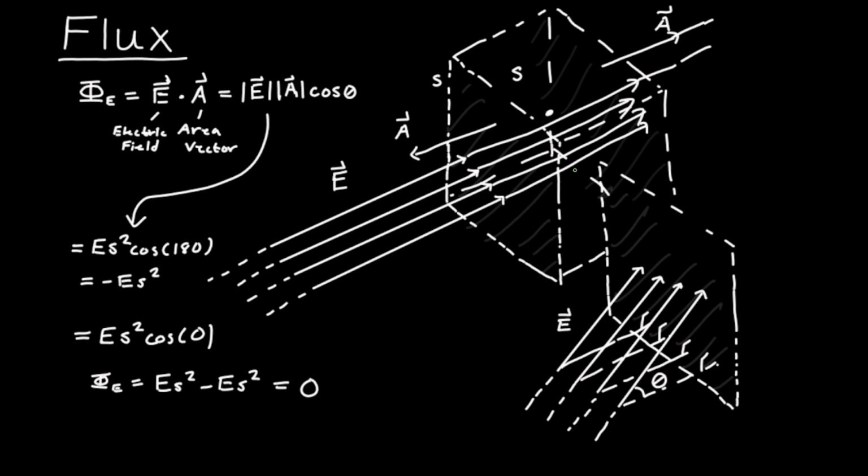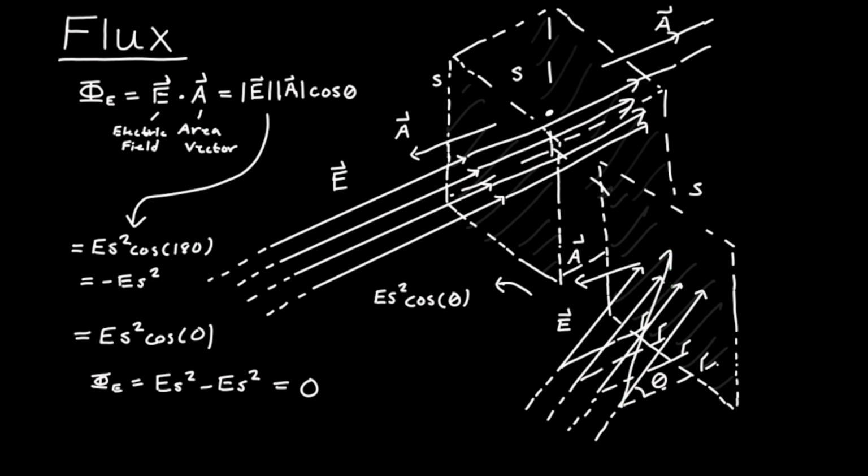Let's now consider an electric field passing through a square plane at an angle theta, where the area vector is still normal to the surface. So the net electric flux would be E times A, which is s squared for side length s, times cosine of the angle between the area vector and the electric field, which is theta.